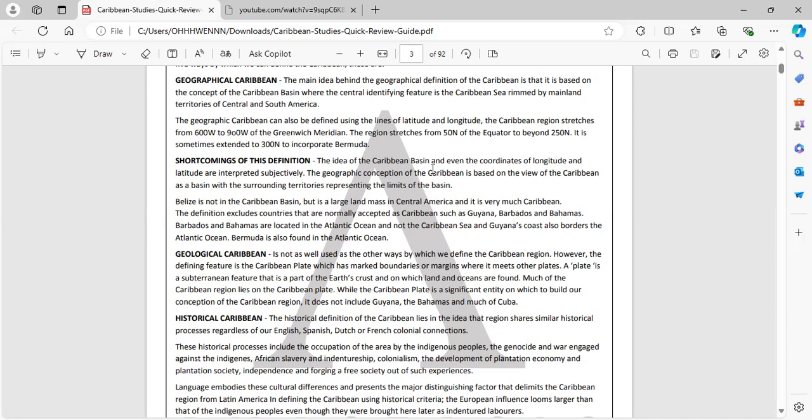So you need to know the definition, examples of countries, and the Caribbean Sea. Those are the key areas where you get marks. You can go to your syllabus and fact check with me, because the syllabus states what you get your knowledge marks for. So that's the geographical definition of the Caribbean.